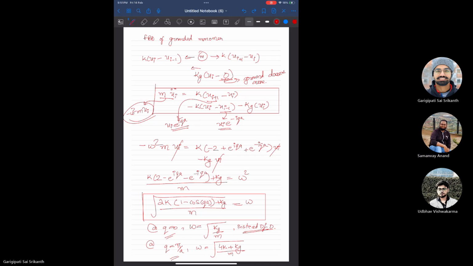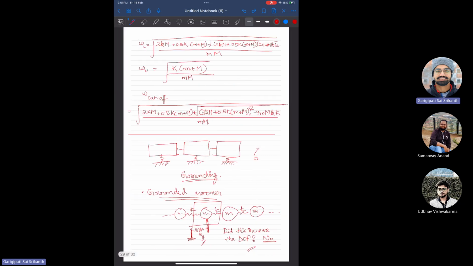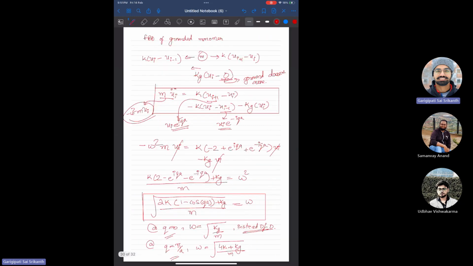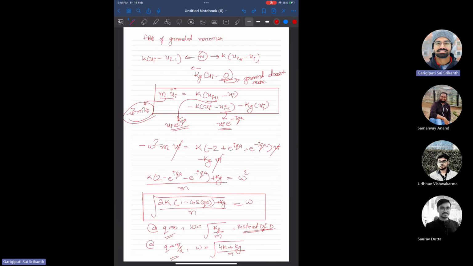But when you have grounding, what happens is the grounding stiffness kg, k grounding, starts acting. When the entire chain is moving to the left or to the right, you have this effect of grounding, right?